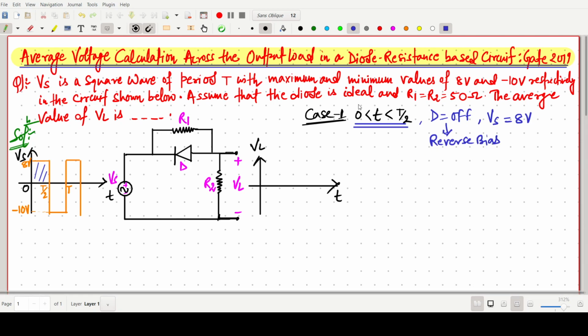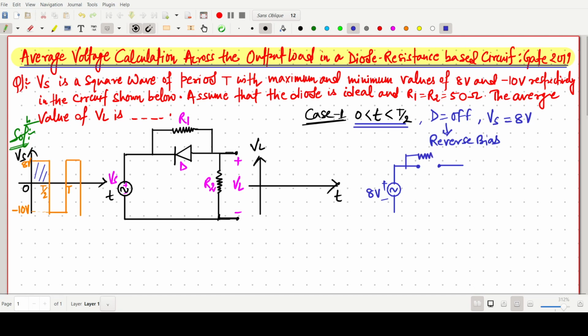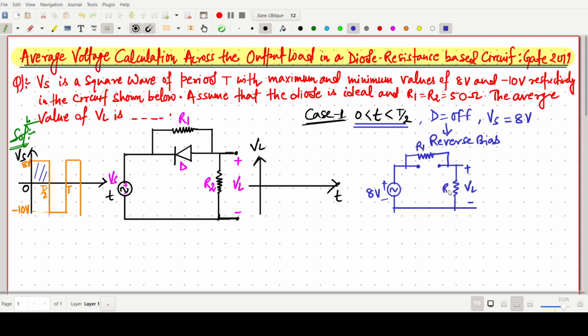The circuit configuration will be: think about 8 volt, the diode open circuited, the resistance R1, and one more resistance R2 here, and this voltage is VL.